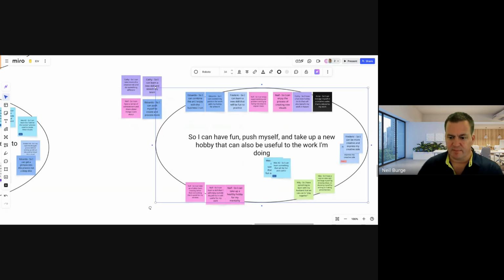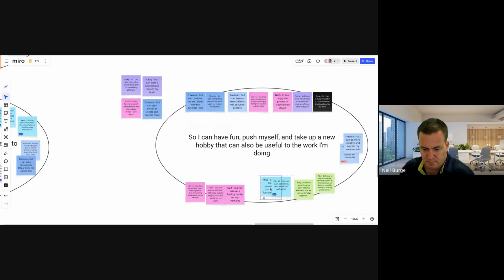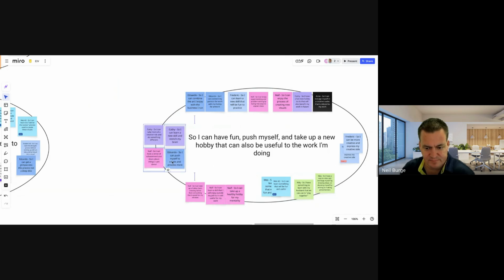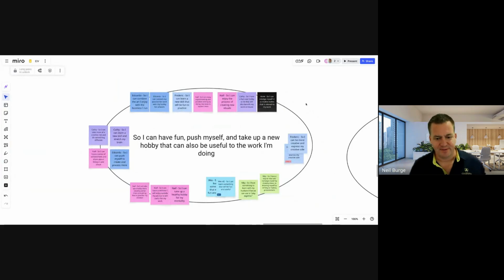That needs refinement, but it's something like that. How does that scan? It's quite a mouthful.